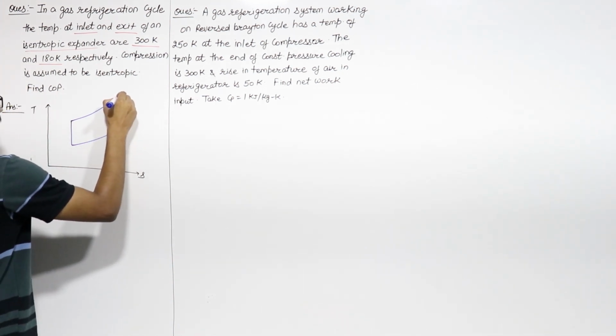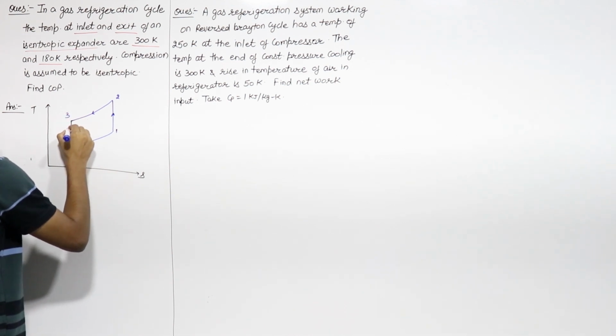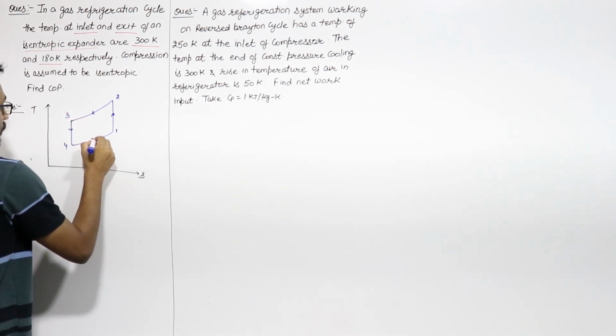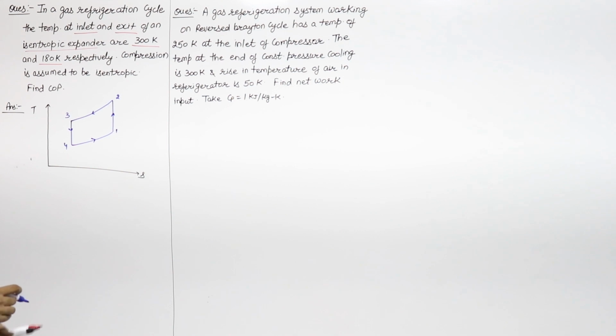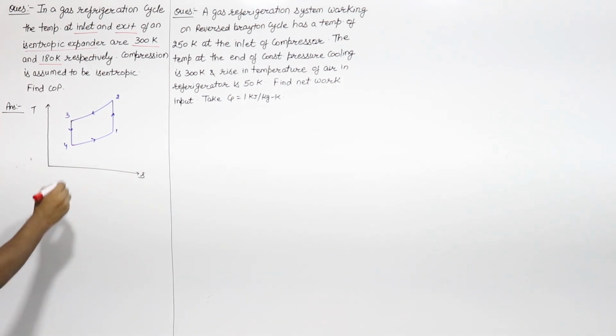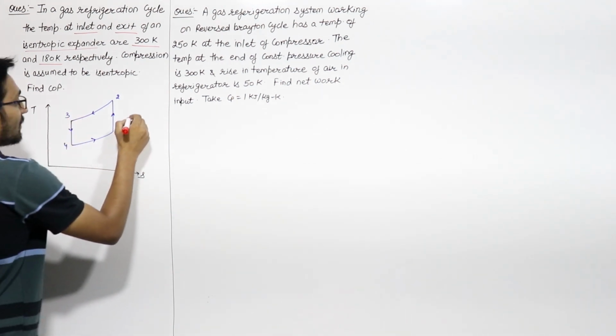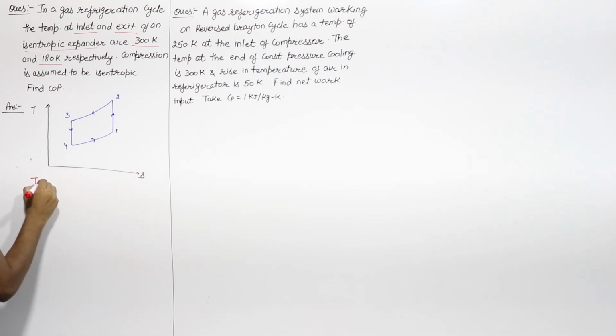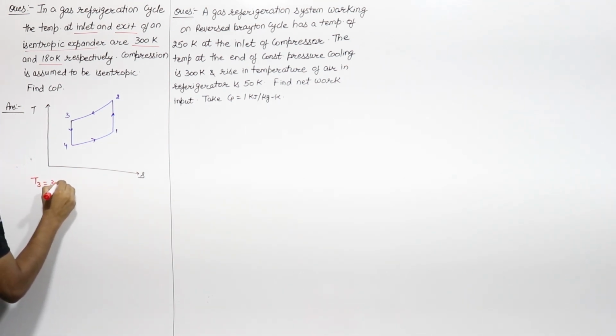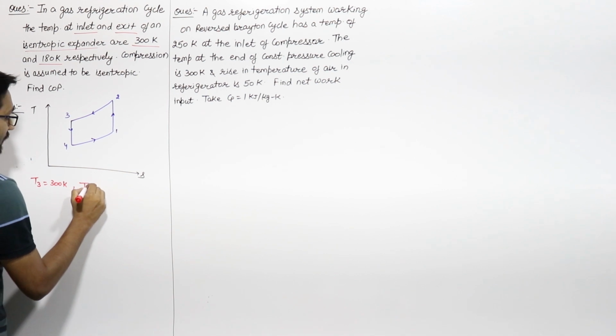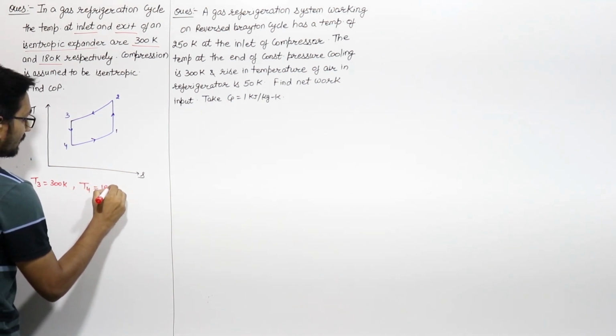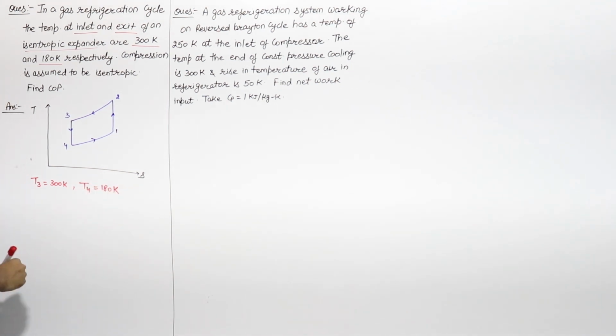This is process 1 to 2, 2 to 3, 3 to 4 and 4 to 1. So in the question we are given that at the inlet of the turbine, that means T3, is 300 Kelvin and T4 is 180 Kelvin. This temperature is given, right?